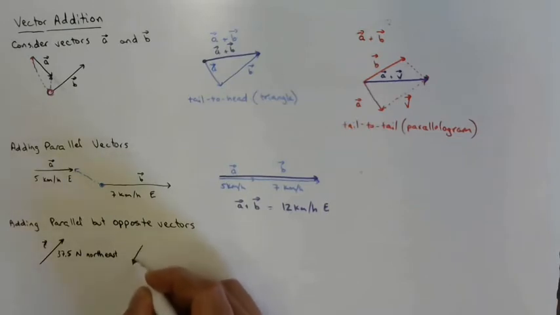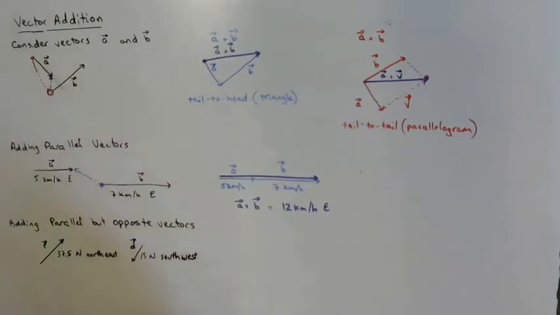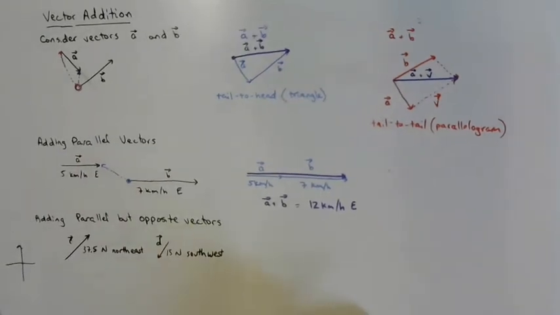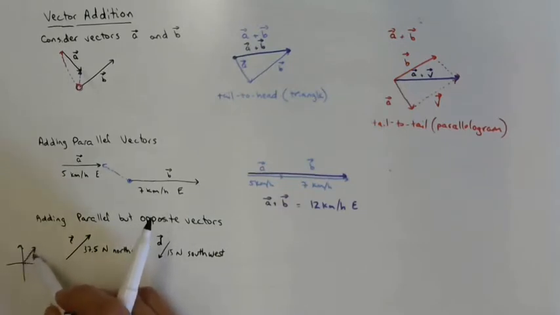And then we have vector D, which is 15 newtons heading southwest. If we had our compass here, we'd notice that northeast is this way and southwest is the opposite way. Those are clearly opposite directions, so we do have opposite directions, and yet they're parallel to one another.